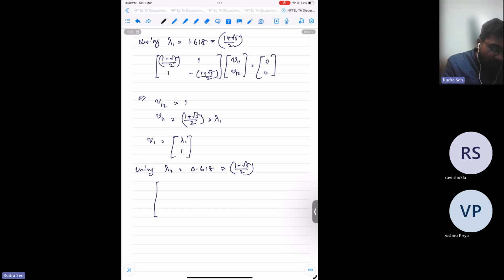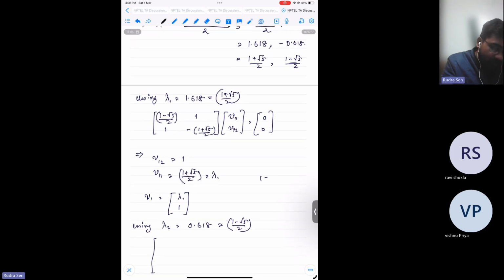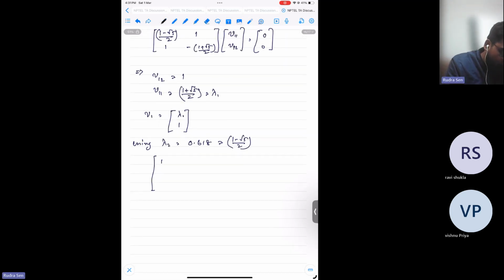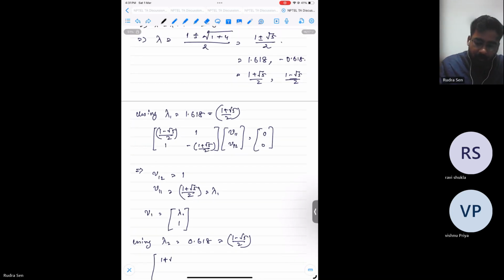So it becomes 1 plus this becomes 1 plus root 5 by 2.